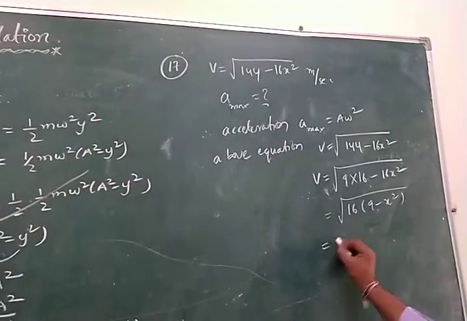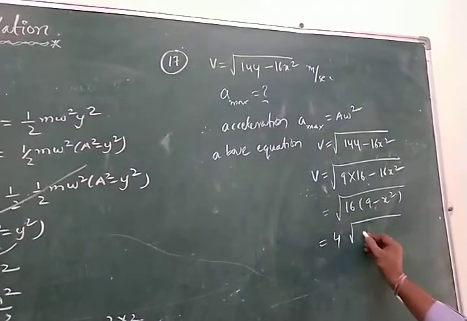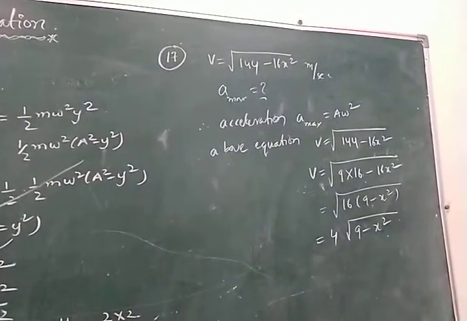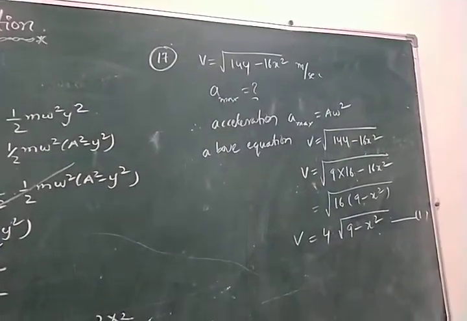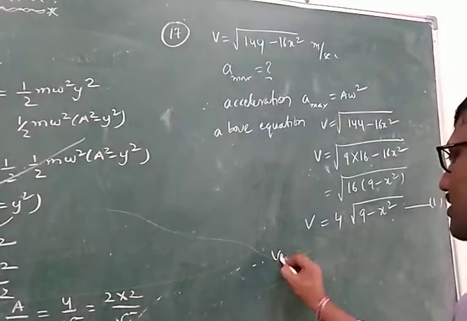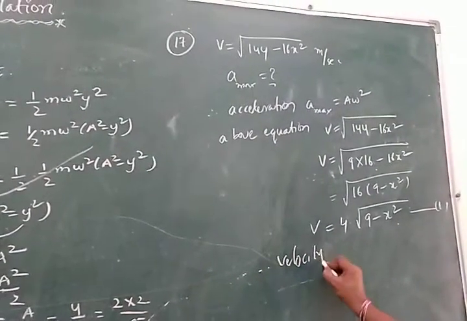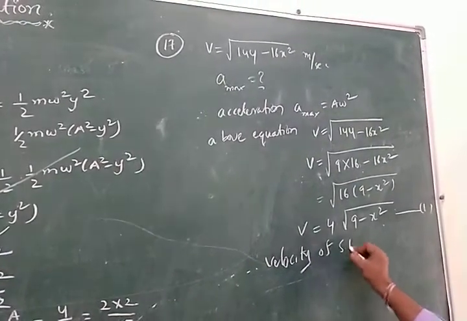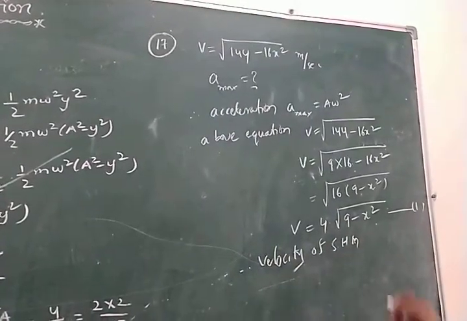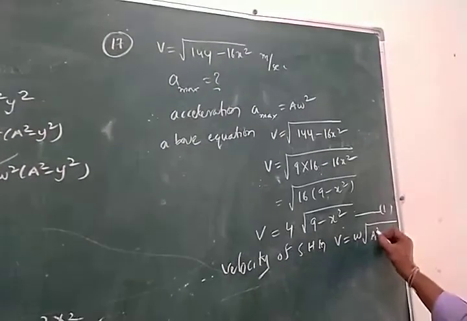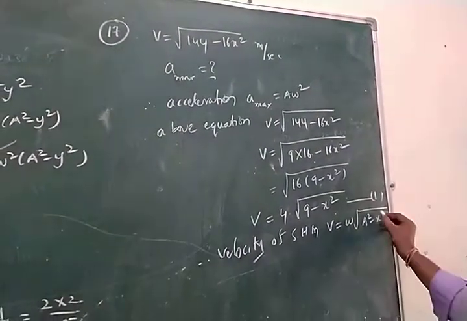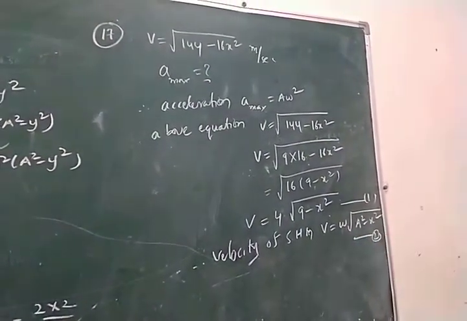Now 16 can be written as 4, so v is equal to 4 into the square root of 9 minus x square. Consider this equation 1. Therefore, the velocity of SHM is v is equal to omega into the square root of a square minus x square. This is equation number 2.